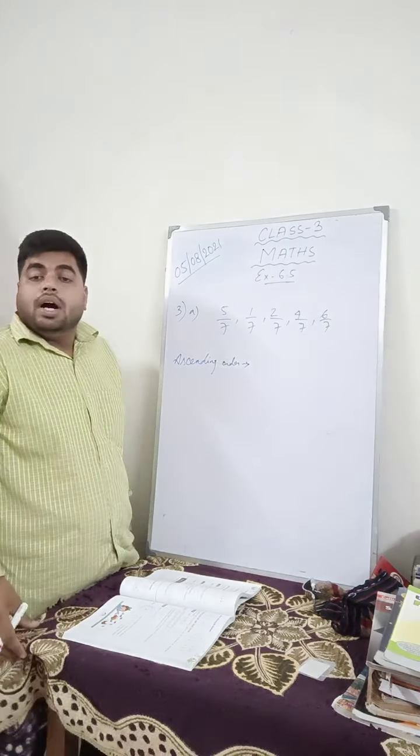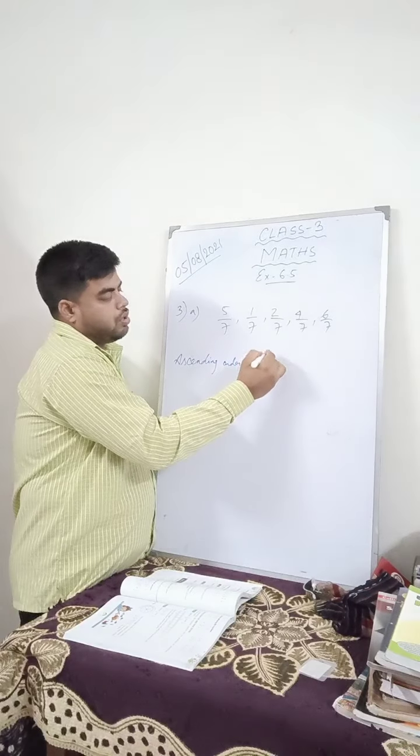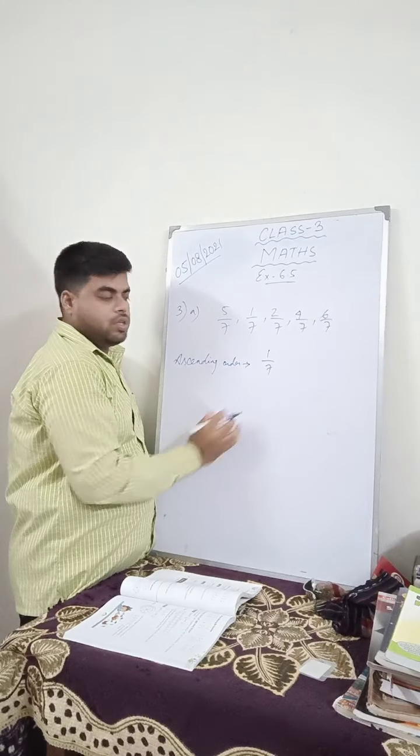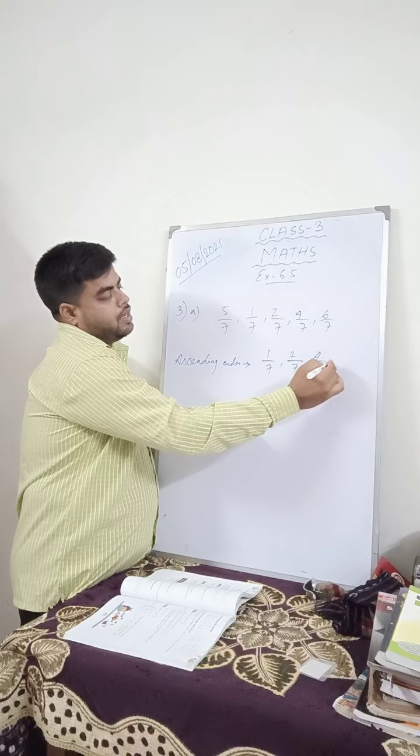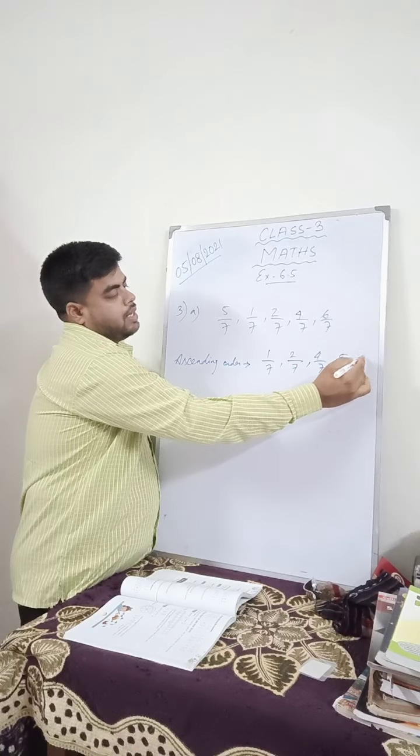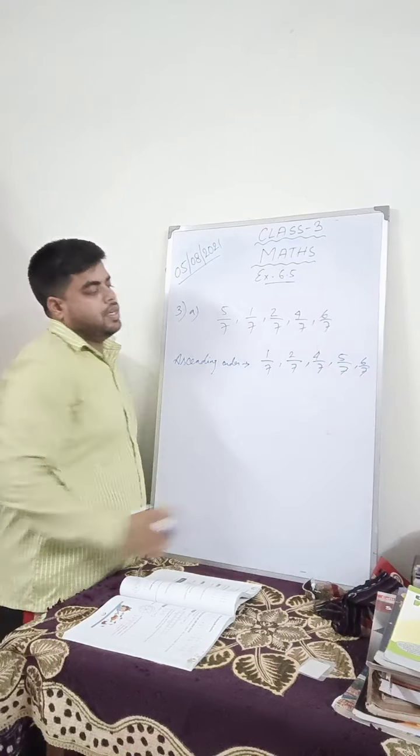Ascending order means smallest to largest. So as all the denominators are same, the numerator which one is the smallest, that is the smallest fraction. So here 5, 1, 2, 4, 6, 1 is the smallest. So this fraction automatically becomes the smallest one. Then you have 2 by 7, 4 by 7, 5 by 7 and then 6 by 7. This is how you arrange. This you can only do when the denominators are same.